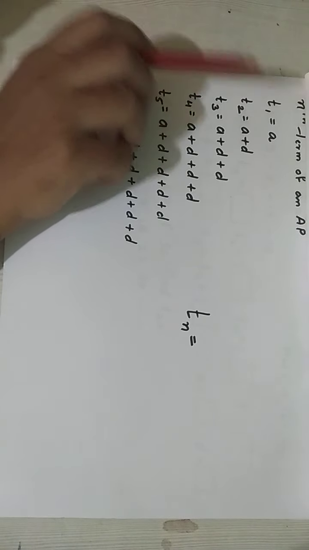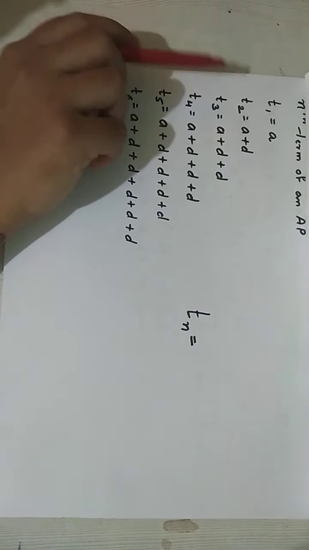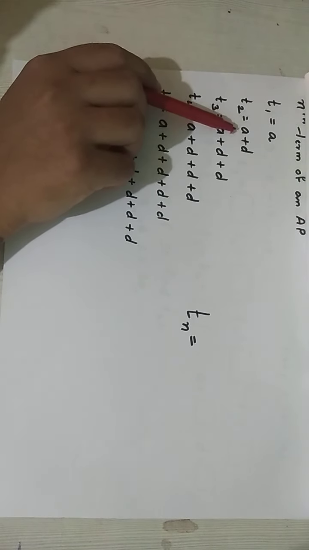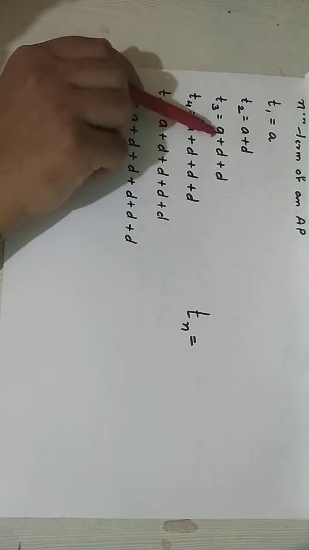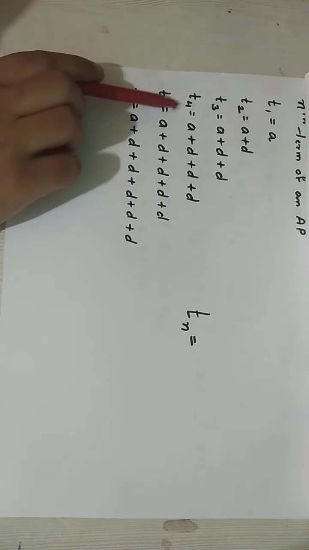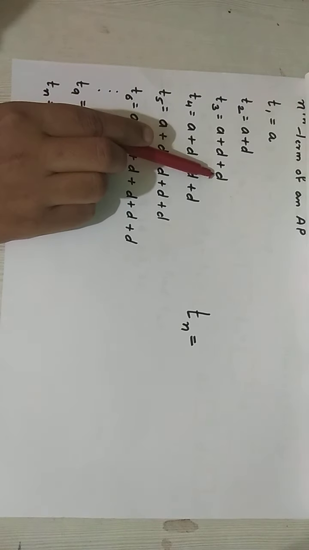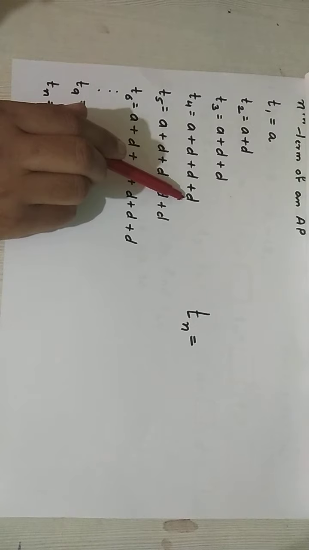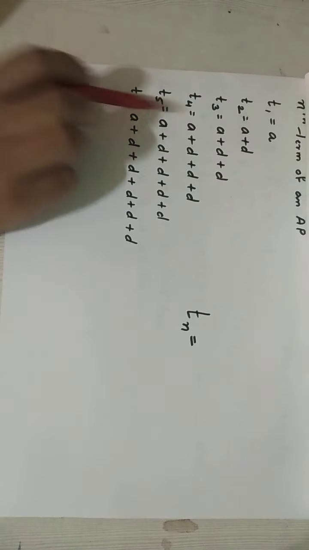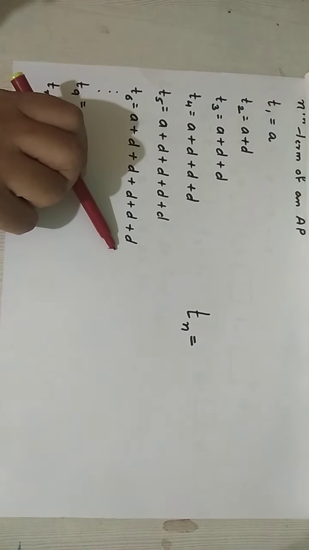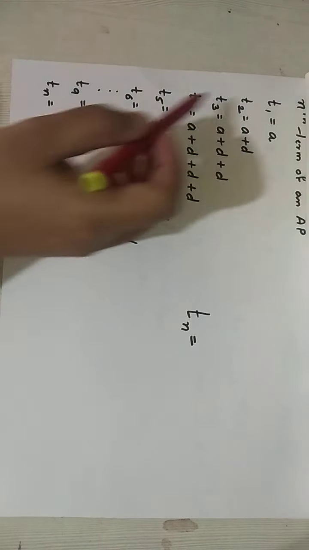Every step you keep on adding D. So T2 will be A plus D. T3 will be this T2, that is A plus D, plus one more time D. T4 will be this A plus D, that is this T3, again added with one more D. So in every step, when you go to the next term, you keep on adding one D at a time. So this is how this arrangement is written.